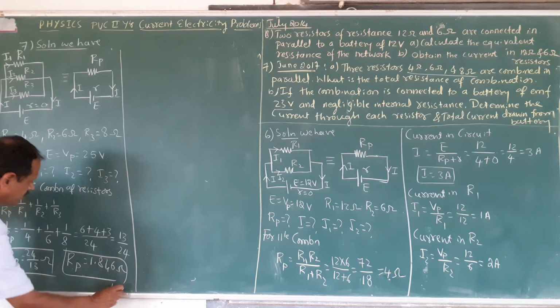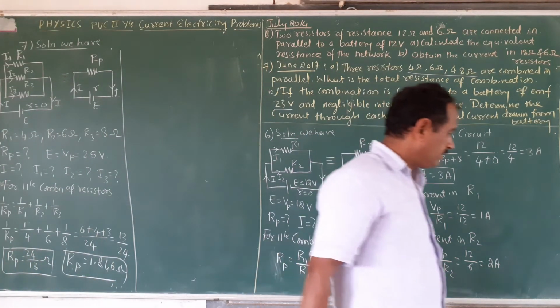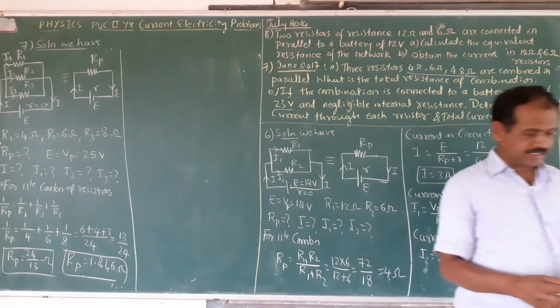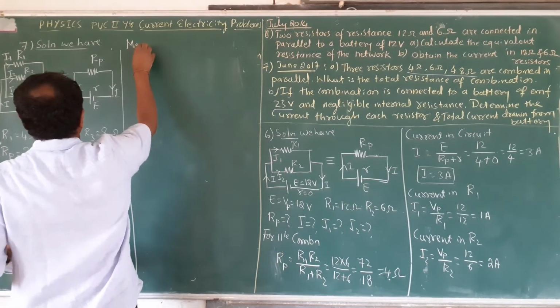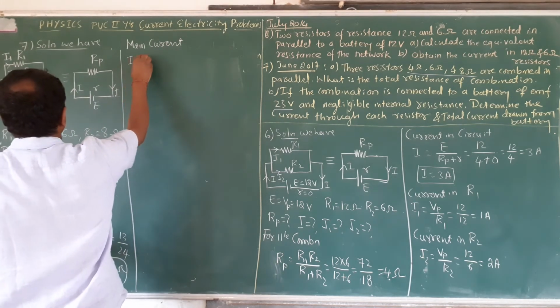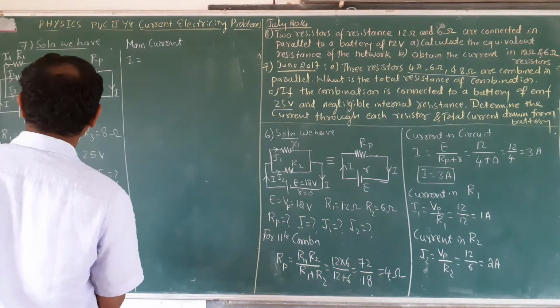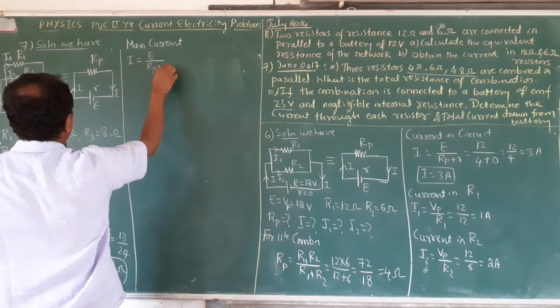You calculate it using the calculator. Then you find out the main current. What is the main current here? Main current I is equal to E divided by Rp plus Rl.